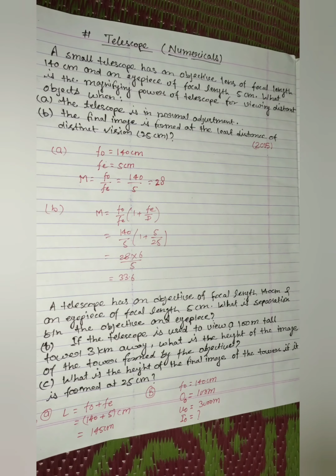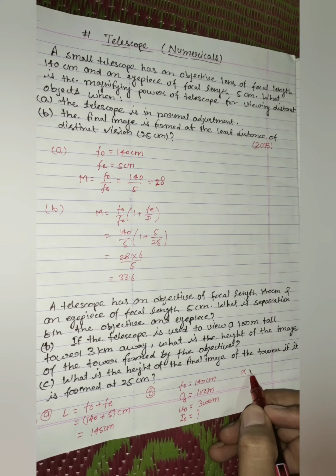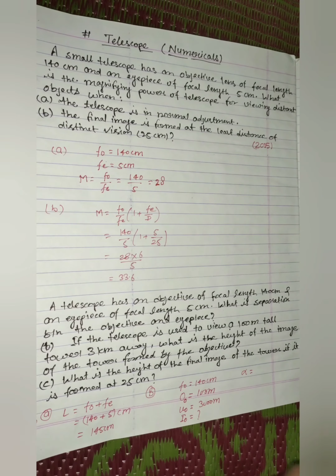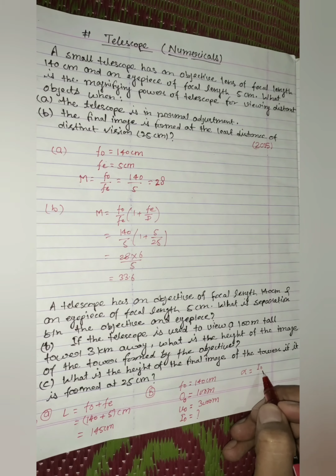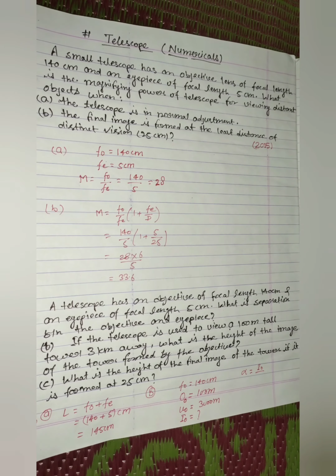If you can remember, alpha is simply defined as the height of the image with respect to the objective, IO, upon FO, because the objective was forming the image at its focal length.